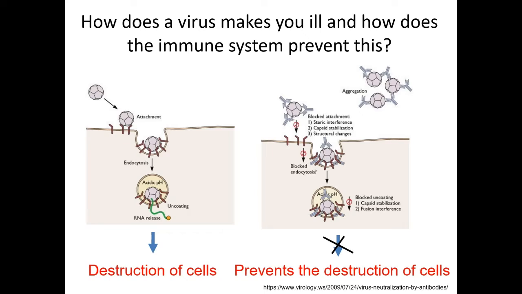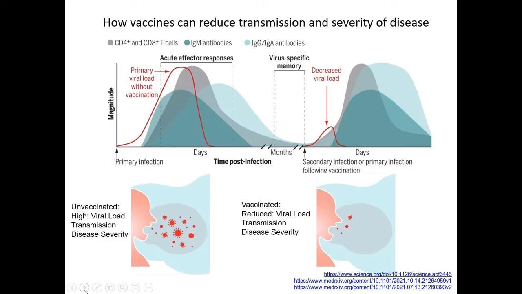But the challenge, and this is the next slide, please, is how quickly we make these responses to viruses, because the problem is viruses grow very quickly. And this is what we know about how the immune system works. Hopefully you can all see this. When you first get a primary infection, the key thing that happens is viral load, the amount of virus produced by the body, increases.